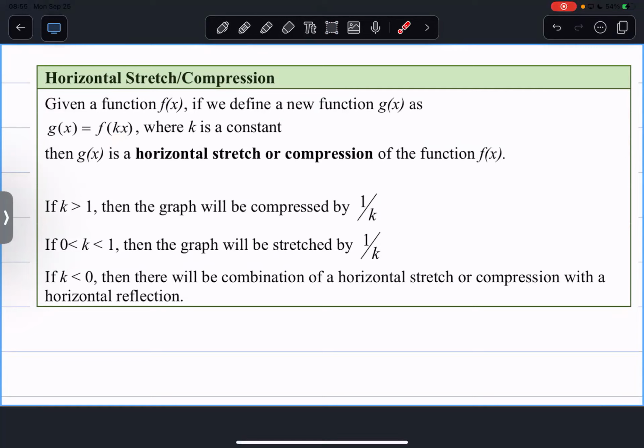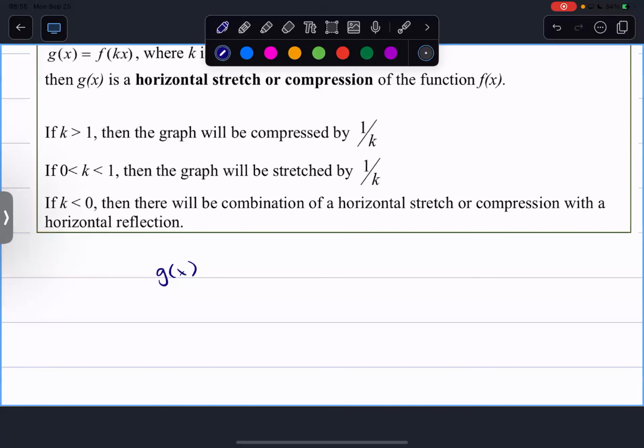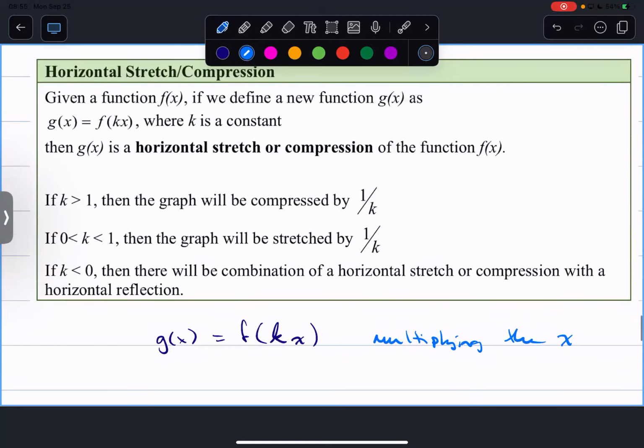Okay. g of x is f of k times x. Notice it's multiplying the x, where k is some constant.